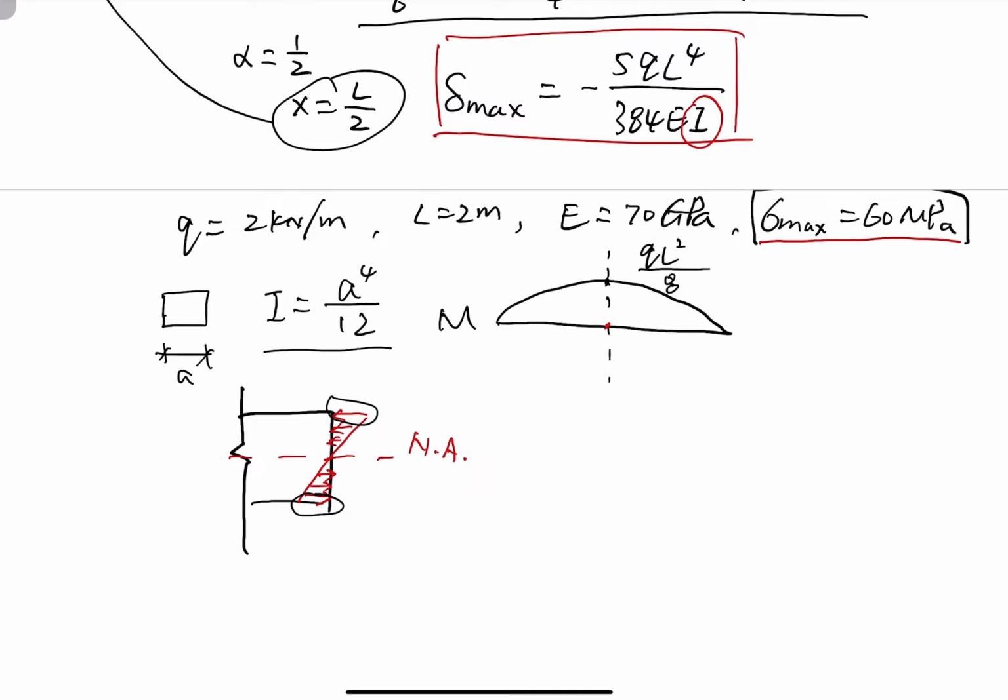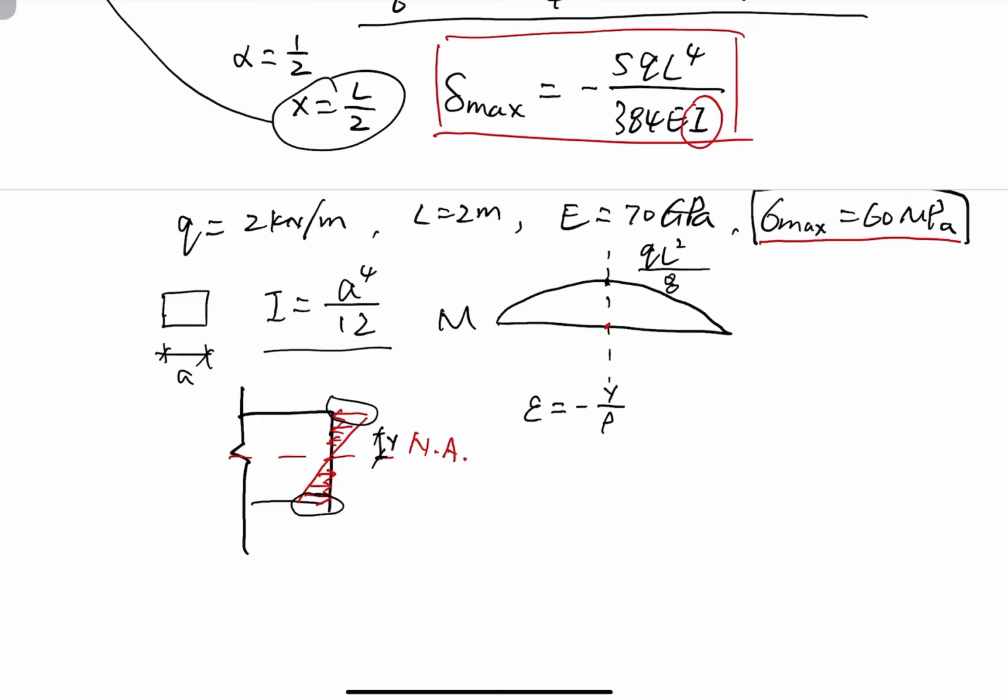So how do we express the maximum stress? Based on the strain and curvature relationship, the strain can be expressed as y over rho, where rho is the radius of curvature and y is the distance from the point to the neutral axis.